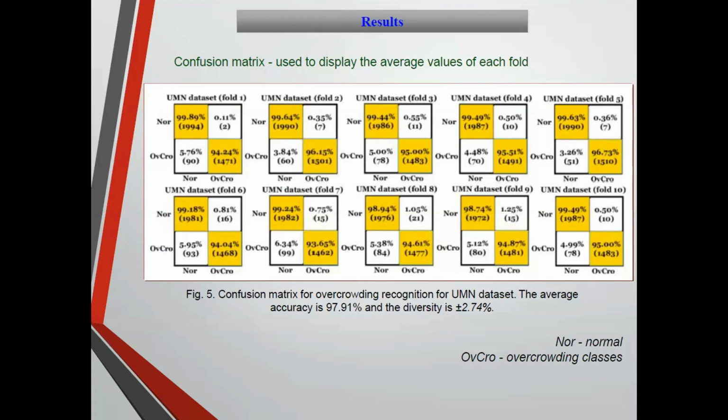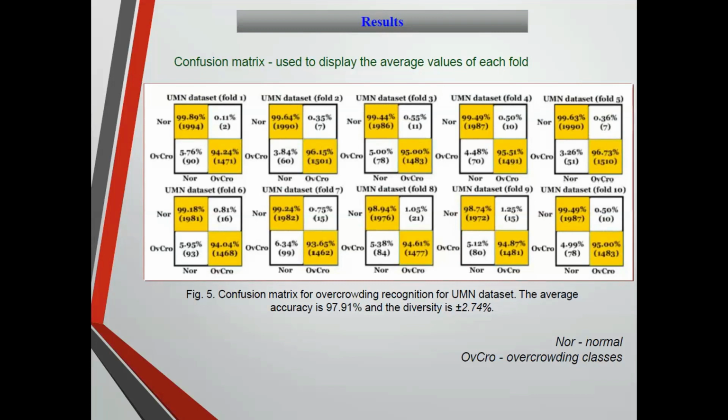Here you are getting 97.91 average accuracy. How to measure the accuracy: you sum and divide by 2 from the confusion matrix. It's a very easy confusion matrix. From this, we can measure the accuracy and diversity, the mean plus minus standard deviation. So this is the representation of the UMN data set.